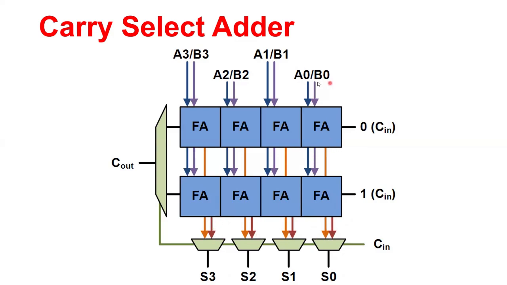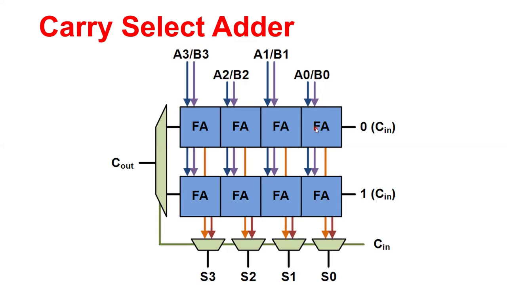And obviously A0, B0, A1, B1, A2, B2, A3, B3 are the parallel inputs to both the top rows and the bottom rows. You can see that they are coming like this. They are coming like this.